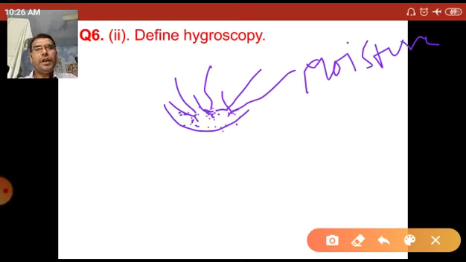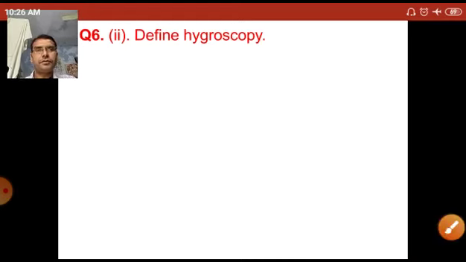That phenomenon of absorption of moisture from the atmosphere by a substance is called hygroscopy.